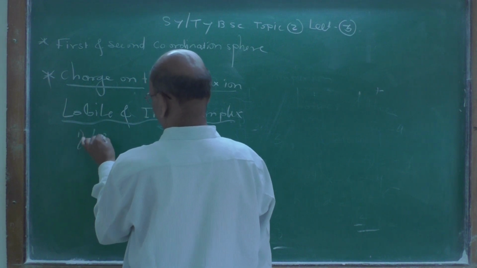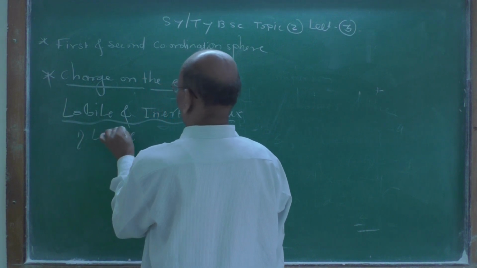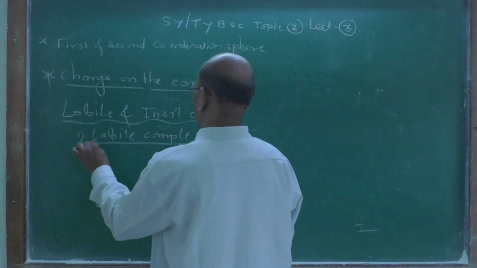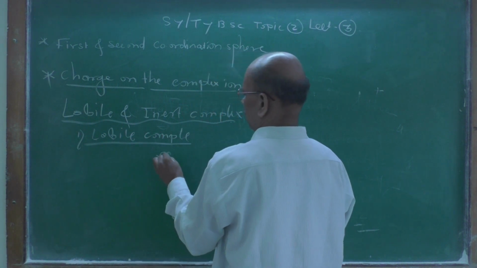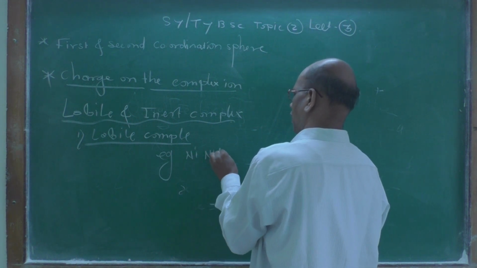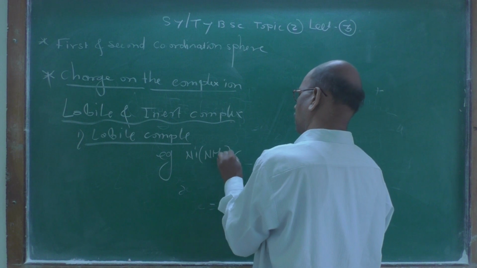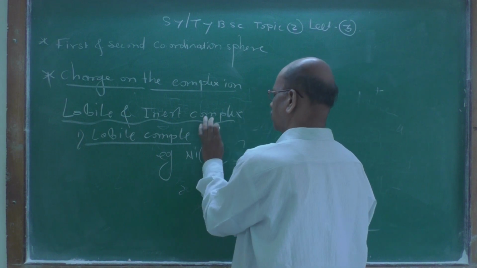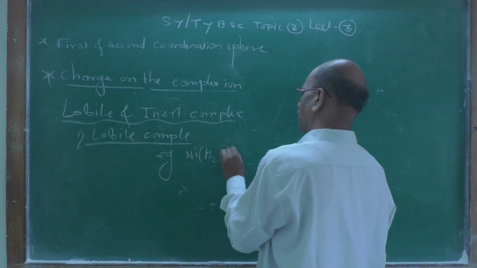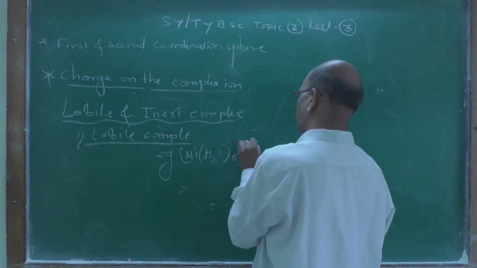First is the labile complex. So I give the example here of [Ni(H2O)6] having +2 charge.